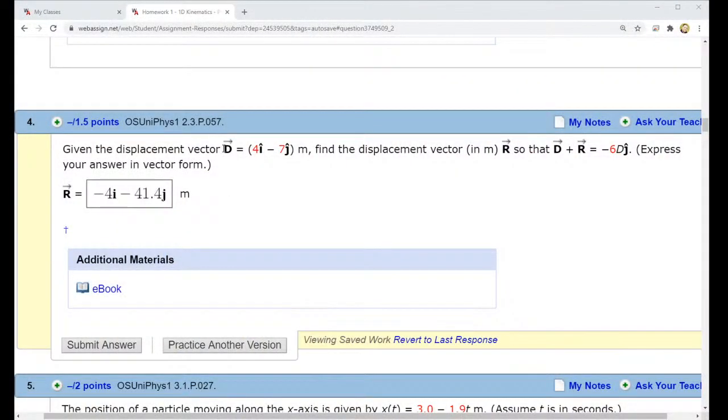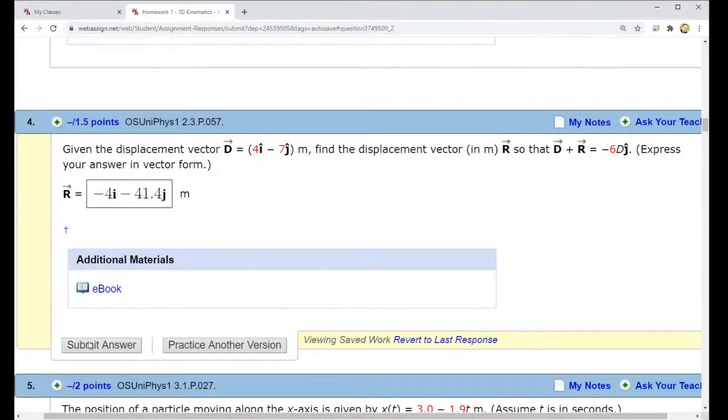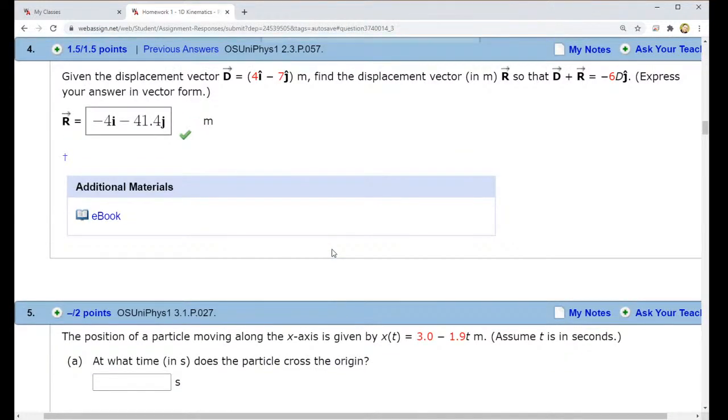Like here we have the arrows over the top of the d and the r. Another way to communicate that something is a vector quantity is to just make it bold, and textbooks do that all the time. All right, let's submit this answer. Good, we got it.